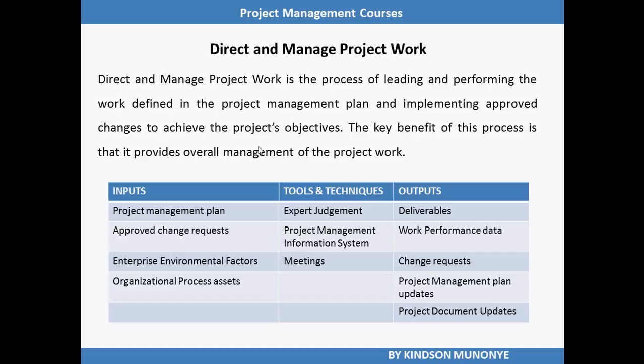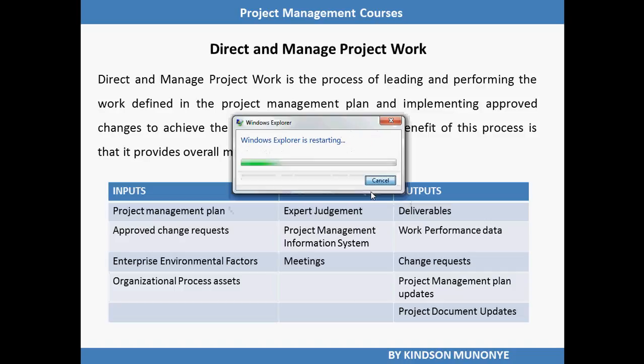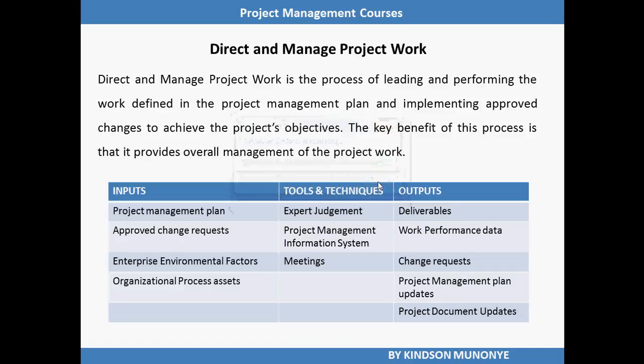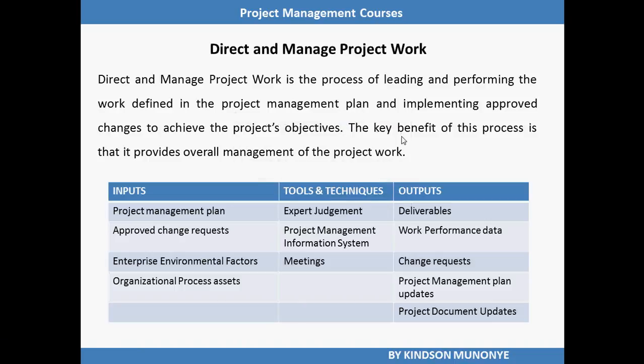I like going through the inputs, tools and techniques, and outputs so that it becomes clear, or gradually you get used to it. It has 4 inputs. First, the project management plan. 2, the approved change requests, 3, enterprise environmental factors, and 4, organizational process assets. We have 3 tools and techniques: expert judgment, project management information system, and meetings.